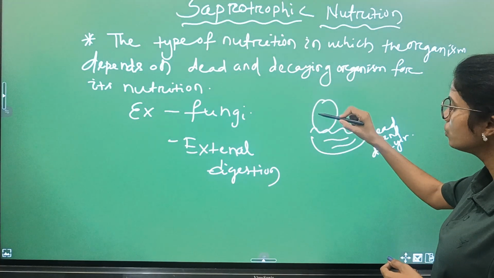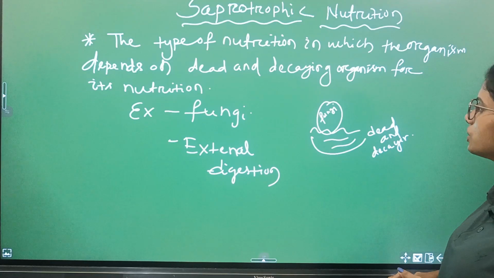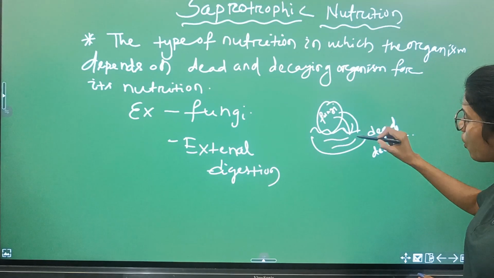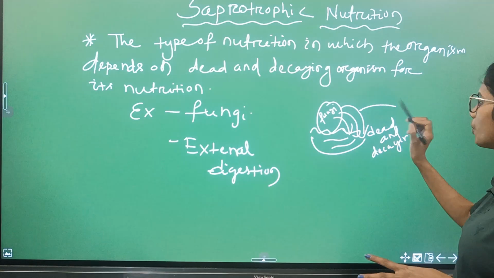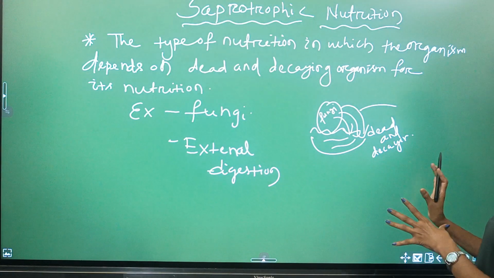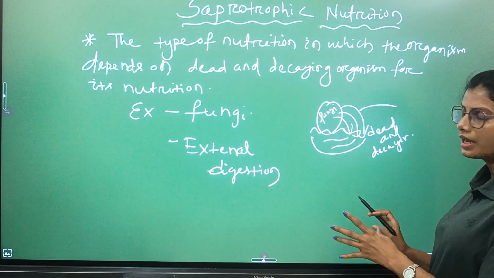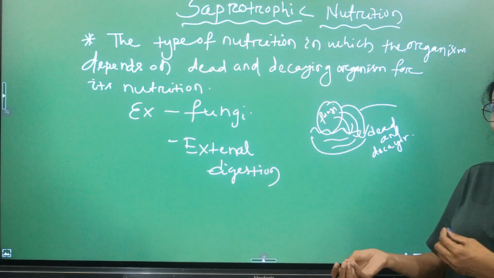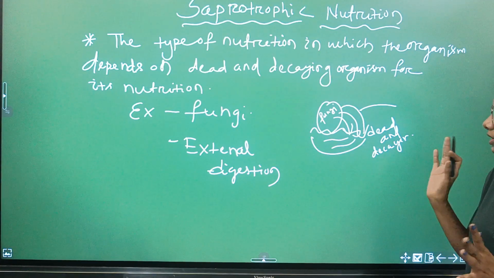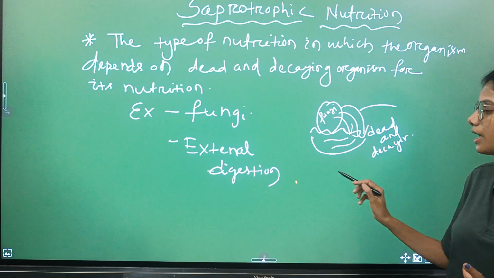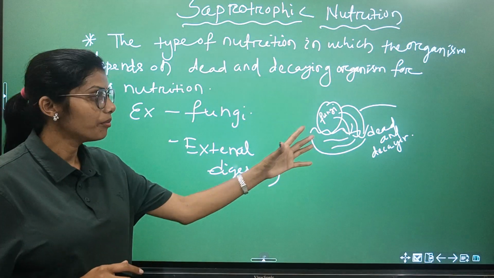What does the fungi do? It secretes its digestive juices outside the body, onto the dead organism, and the food is digested outside the body. After the digestion, the fungi absorbs the digested food inside the body. In this system, external digestion takes place, and it derives its nutrition by this process.